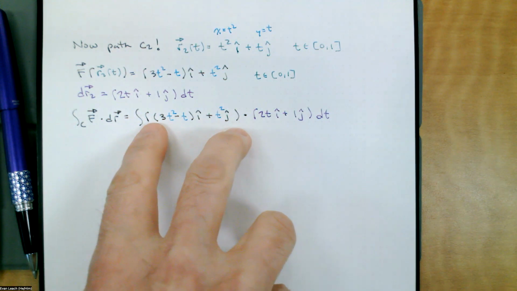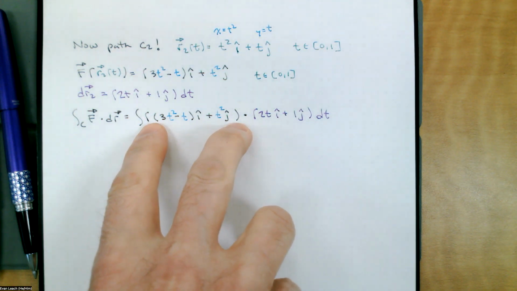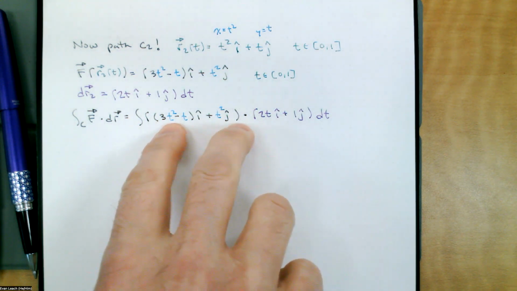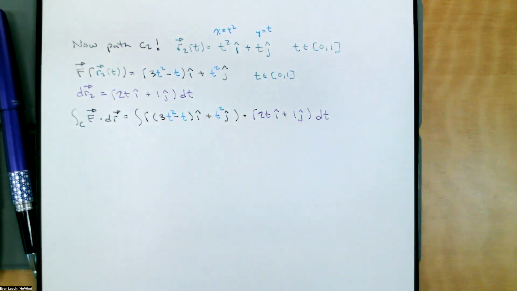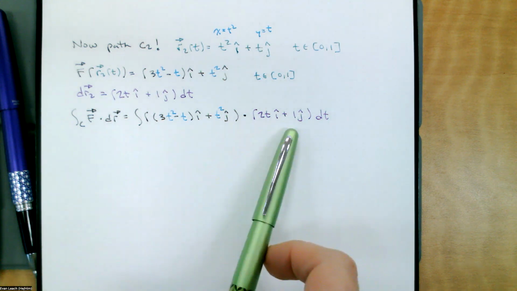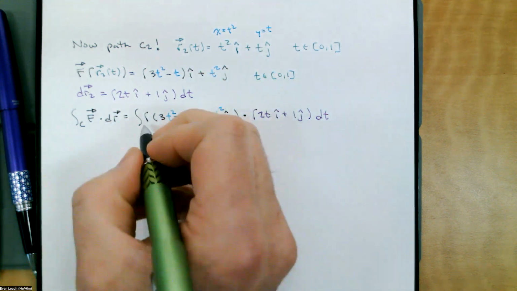So here's F at all the points that we care about, with the x and y plugged in. And here's the dr, here's the direction vector along that curve. And this is how we parameterize the curve for t between 0 and 1.